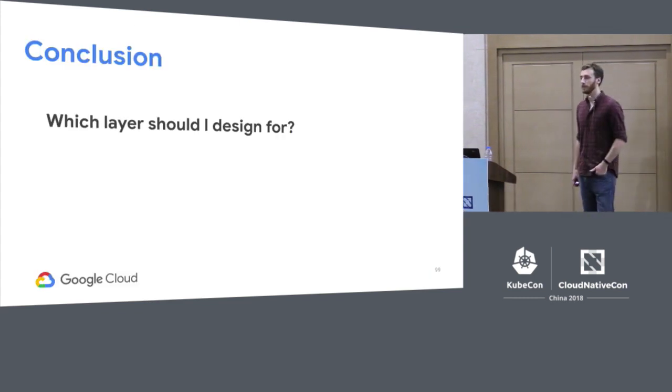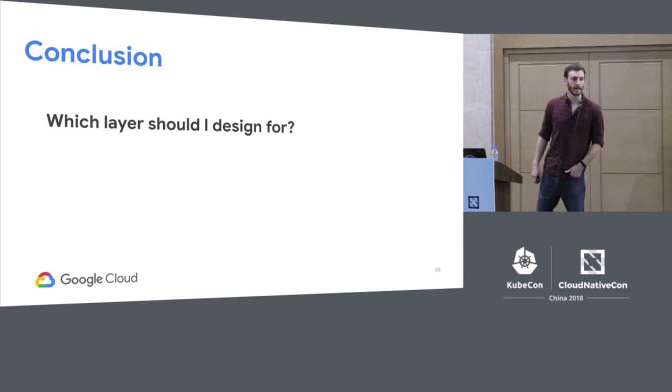So in conclusion, which layer should you design your application for? Which layer should you plan on having isolation at? I'm not suggesting that every workload should be in its own cluster, in its own data center. That would be absurd, very expensive and hard to design, and defeat the purpose of Kubernetes completely. So the answer here is really that actually only you can answer this.